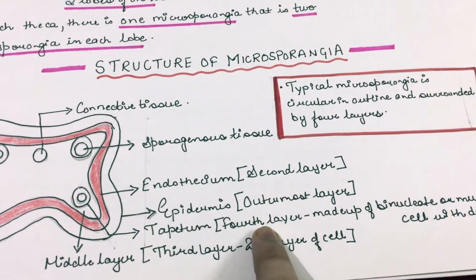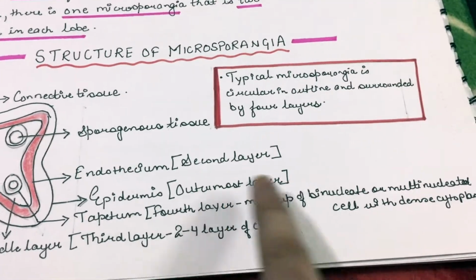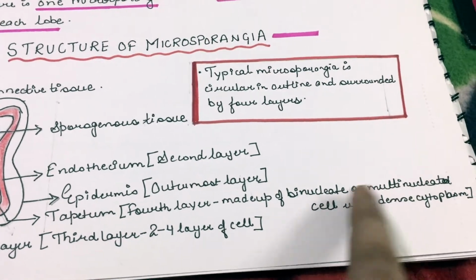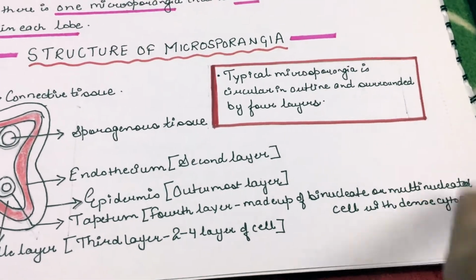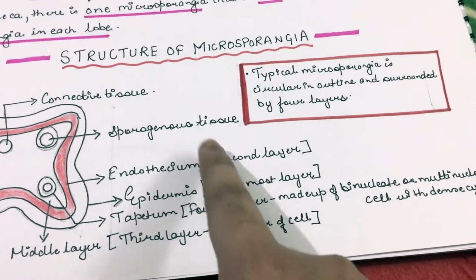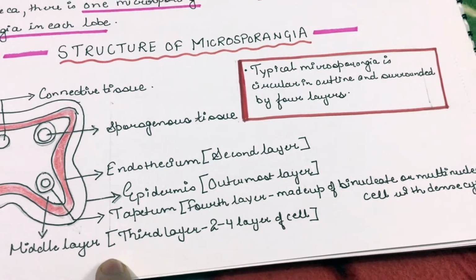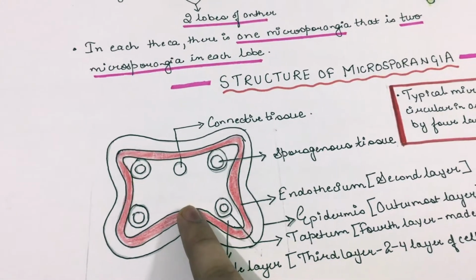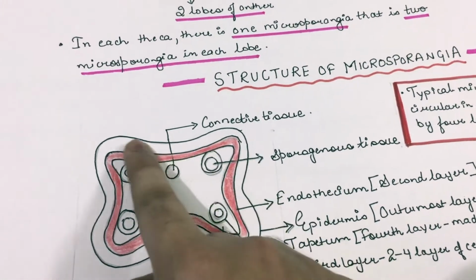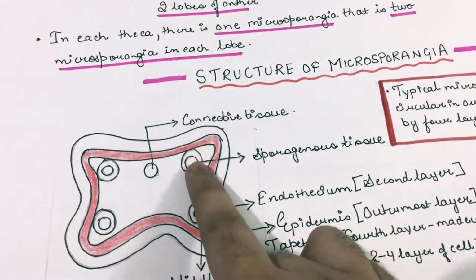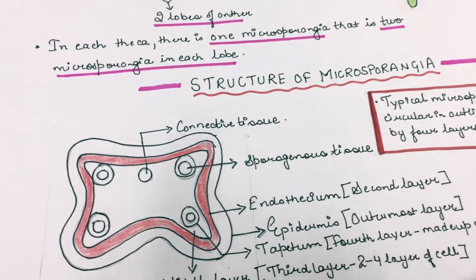Tapetum is the fourth layer, which is formed by binucleated or multinucleated cells with dense cytoplasm. So the four layers of microsporangium are epidermis, endothecium, middle layer, and tapetum. Apart from these layers, microsporangium also consists of connective tissue and sporogenous tissue.